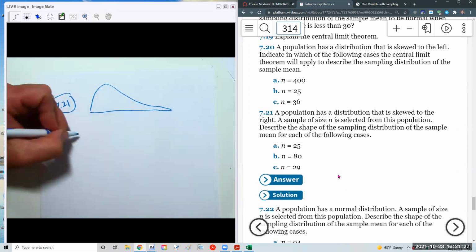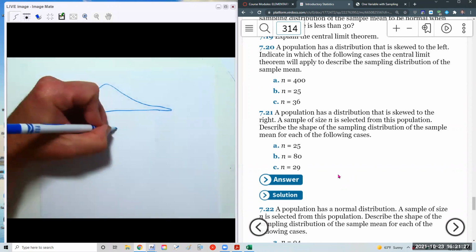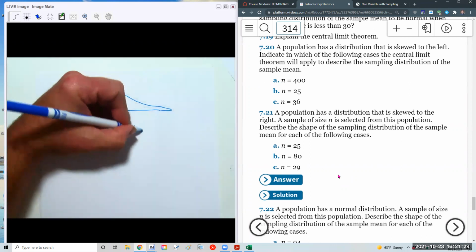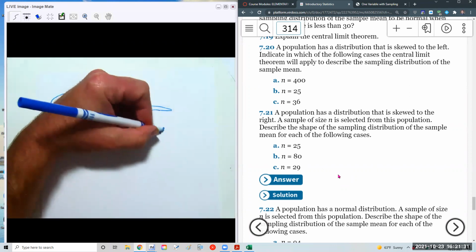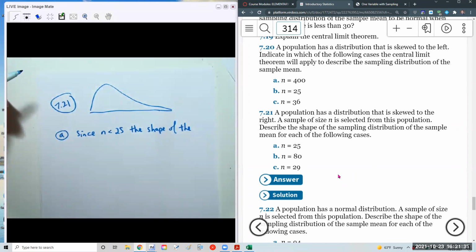So in A, since n is less than 25, the shape of the sampling distribution will probably be skewed right as well.